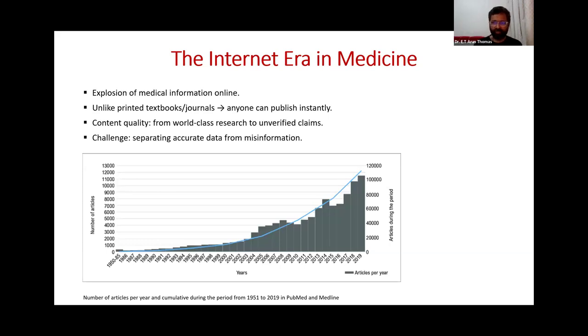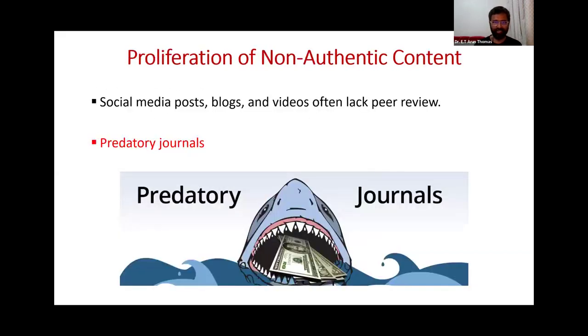The number of indexed publications was around 1.2 lakh, and now it has reached up to 1.5 lakh publications per year. So this is huge information, and how we can search and get the right one is always a challenge. Hopefully with this talk, I can guide you to get the best knowledge from the internet.